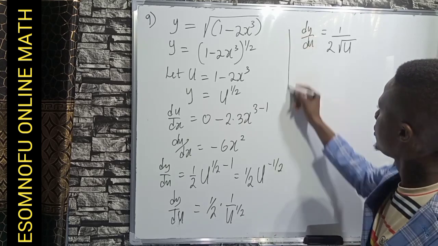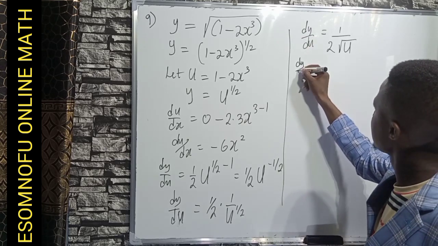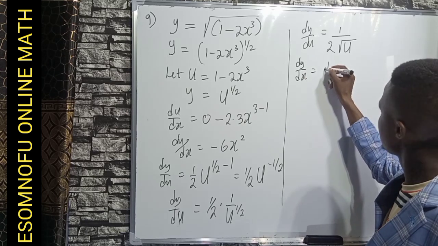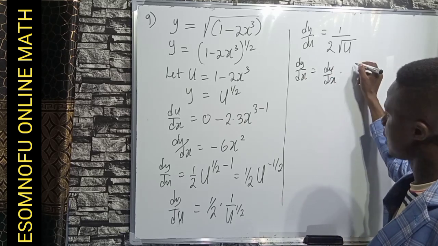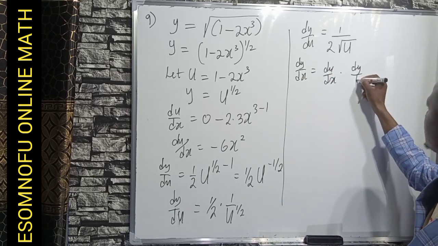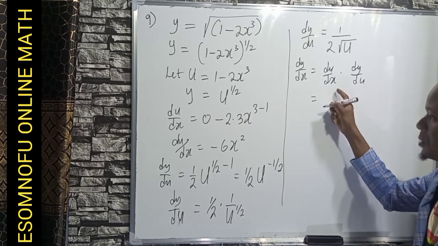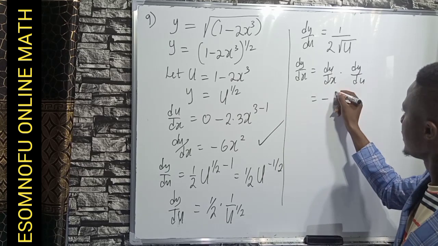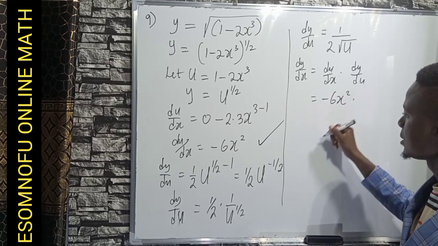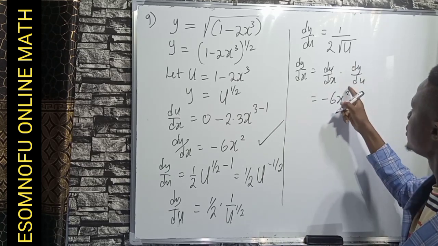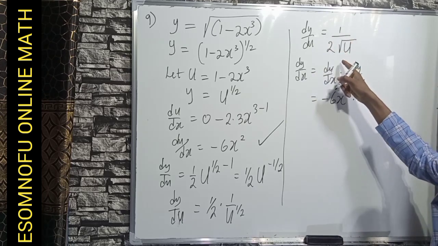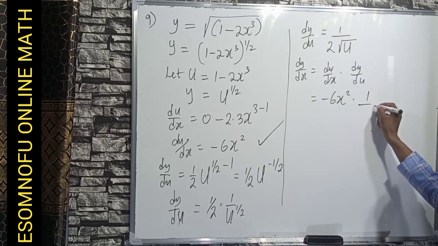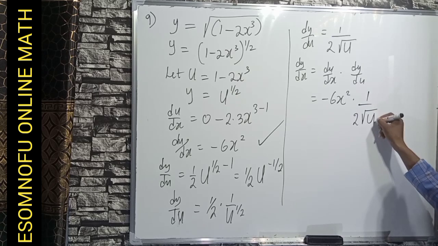But you should know that dy dx is equal to du dx times dy du. And what is du dx? du dx is negative 6x squared, times dy du. dy du is 1 over 2 root u.